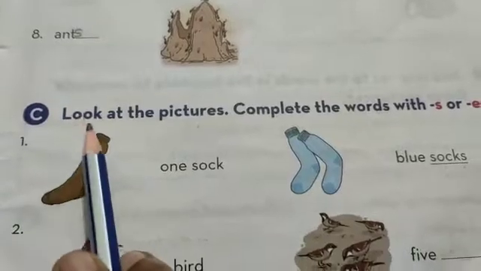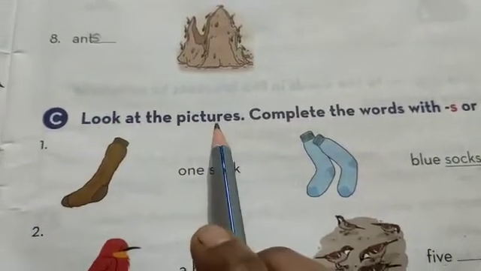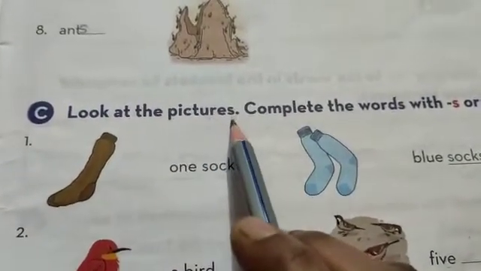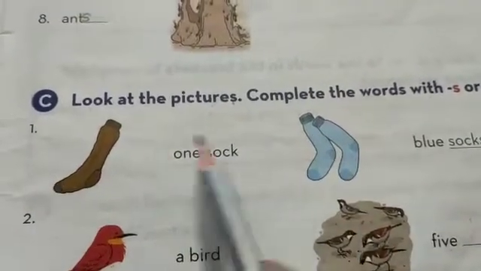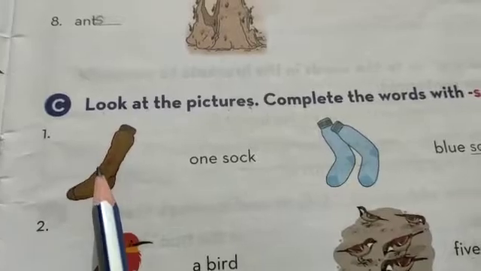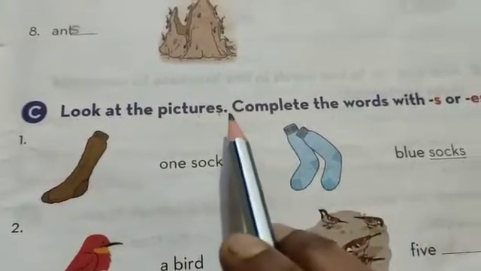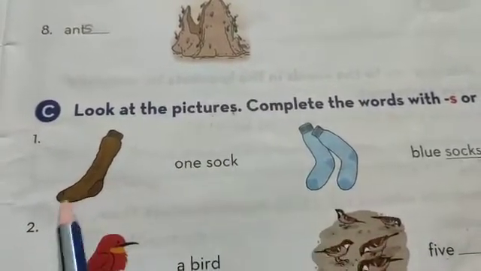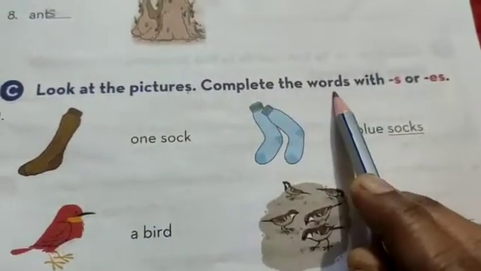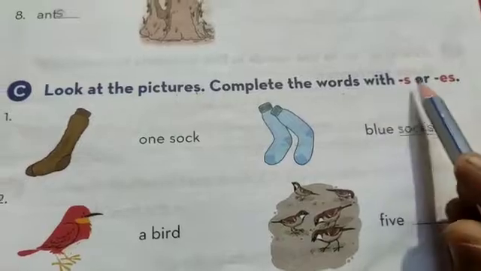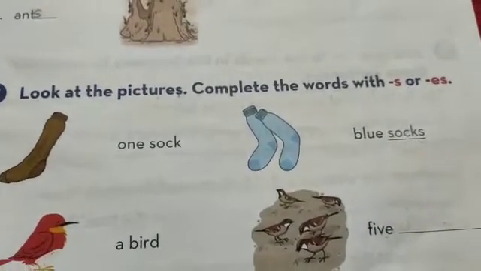Question C. Look at the pictures. See here children, in the pictures they have added S because it is not only one. There are two pictures given for each. That is why they have added S, because it is plural. Complete the words with S or ES.